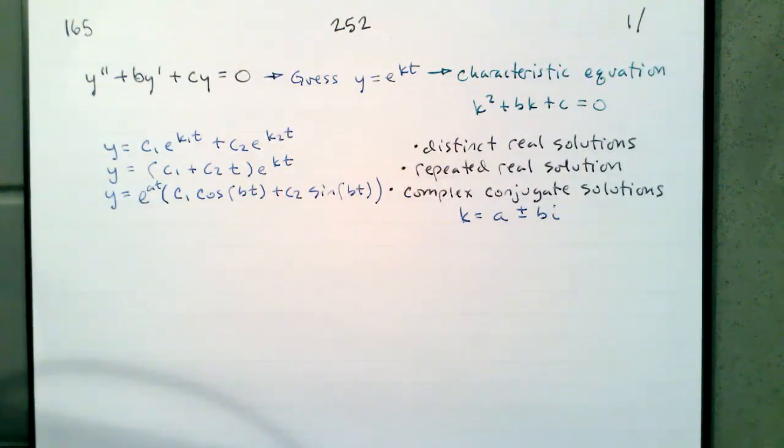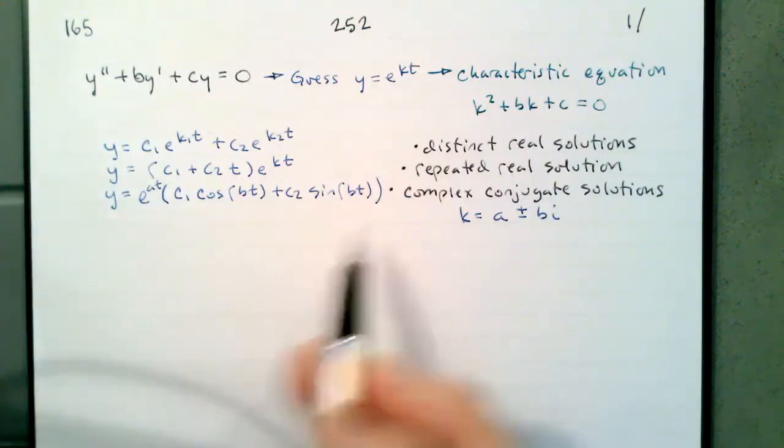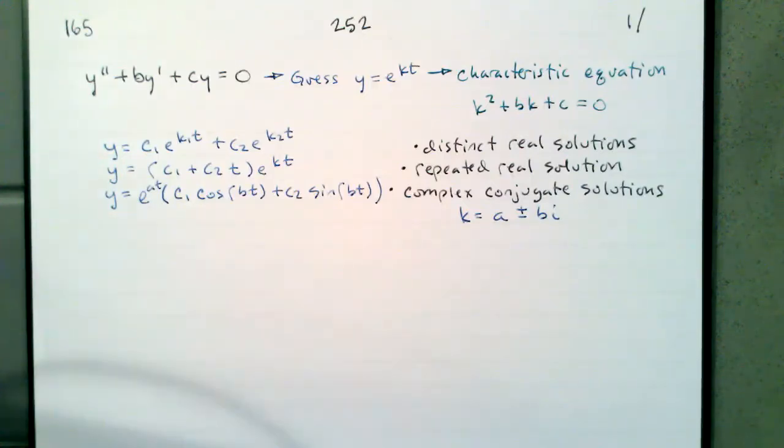This is just me telling you what you need to write, and regretting not giving myself enough space to write it. So e to the at is just shoved up in there.